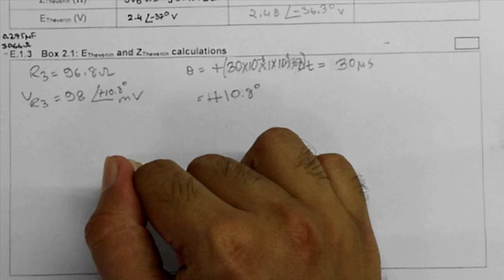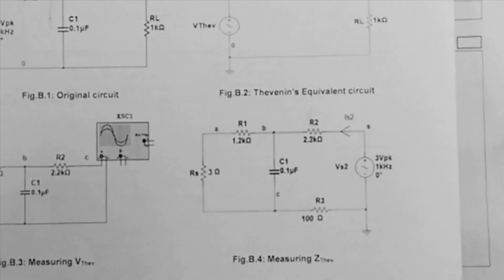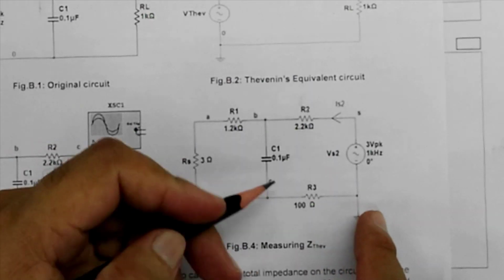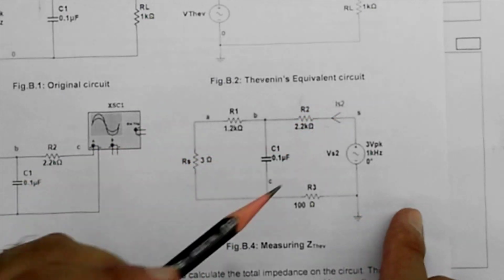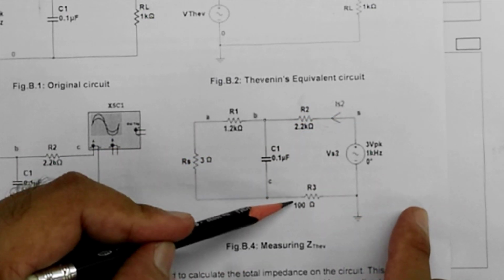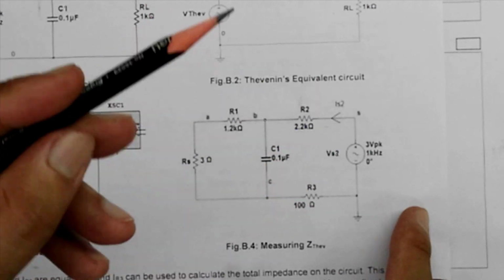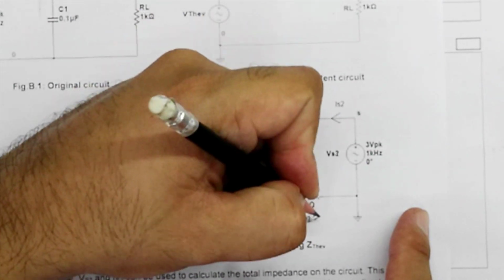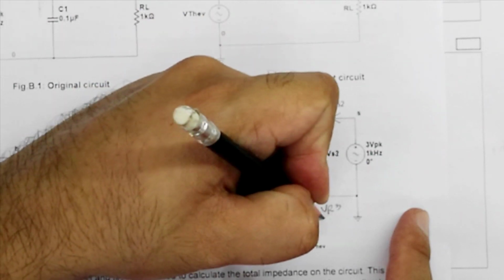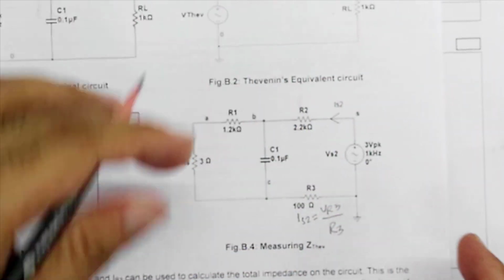So from our circuit, we saw that we need to measure this current IS2. So from the circuit, we can say that IS2 is equals to VR3 over R3.